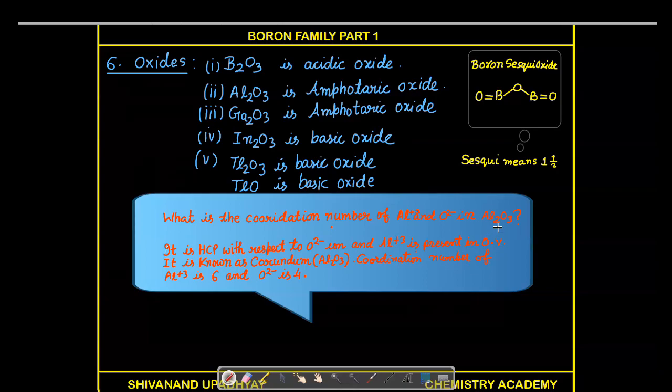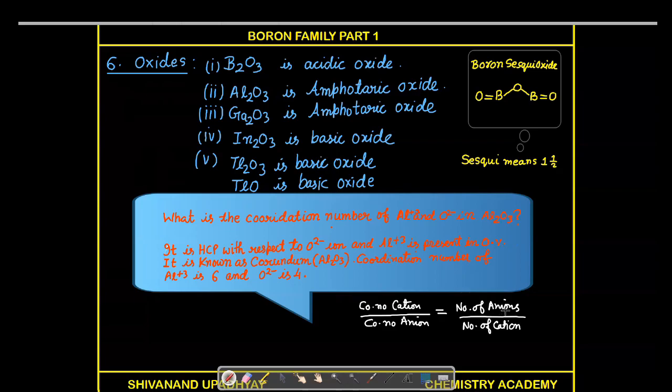In order to calculate the coordination number of oxygen in a binary solid, we can write that the coordination number of cation upon coordination number of anion is equal to the number of anions upon the number of cations. In a line, the ratio of coordination numbers is the reverse of the ratio of ions.